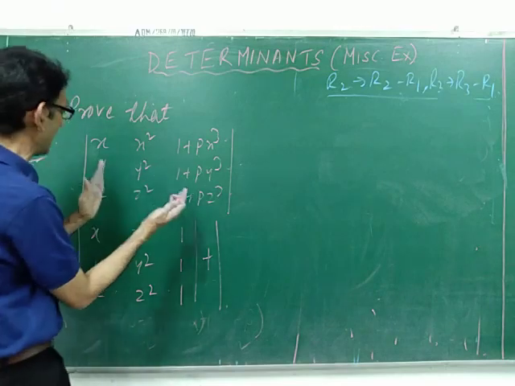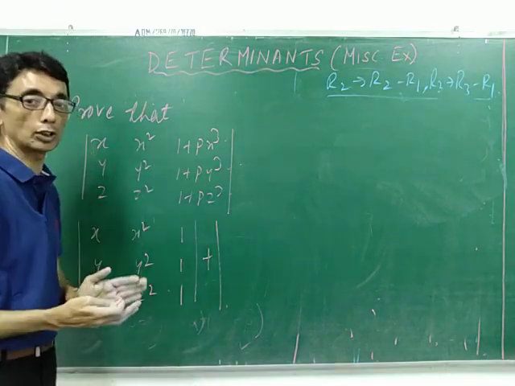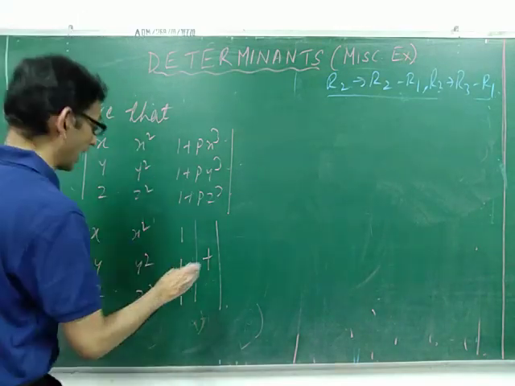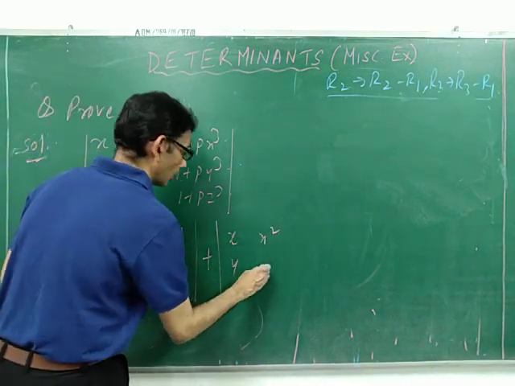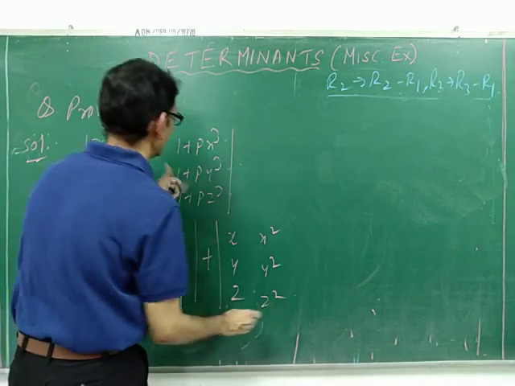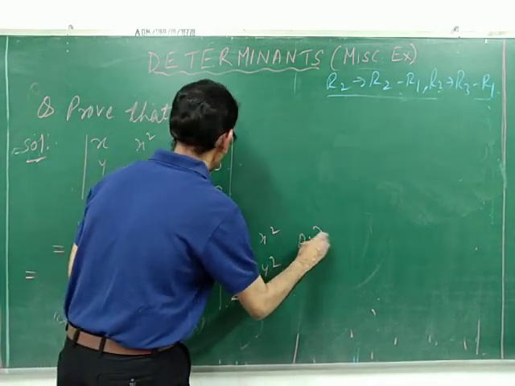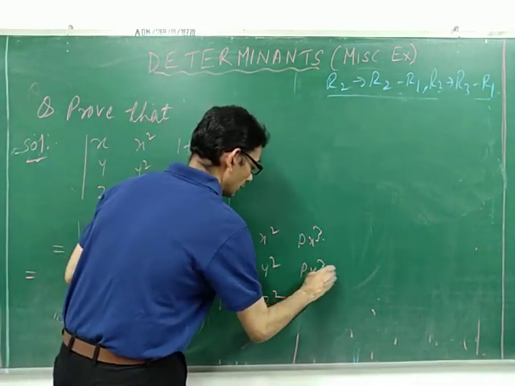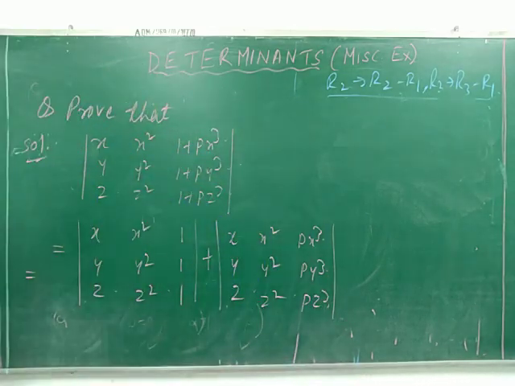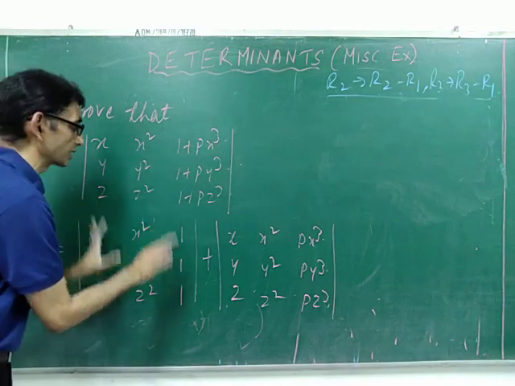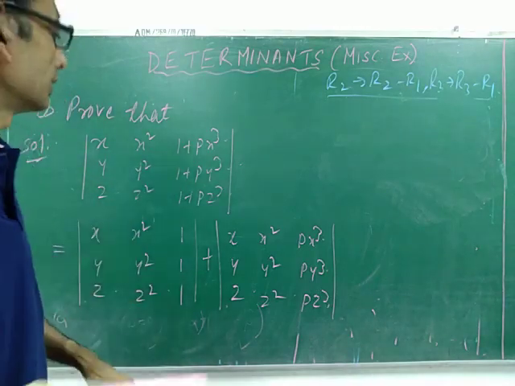For the second determinant as well, the first column and the second column will remain as they are. So it's x, y, z, x, y, z, x squared, y squared, z squared. This is p x cube, p y cube, p z cube. Right? Okay, and we have expressed this one as a sum of two determinants.